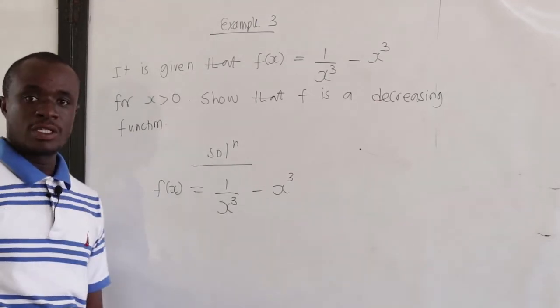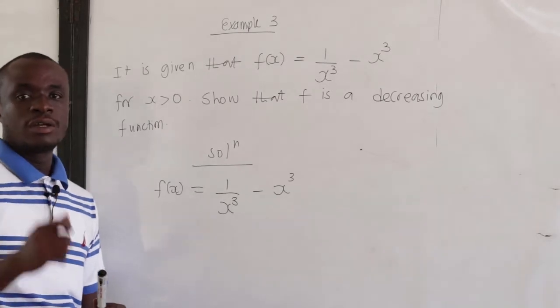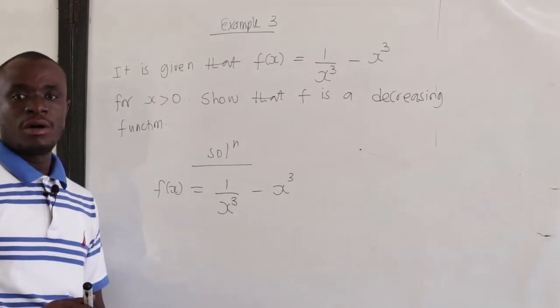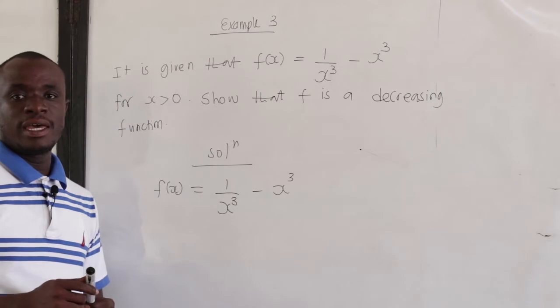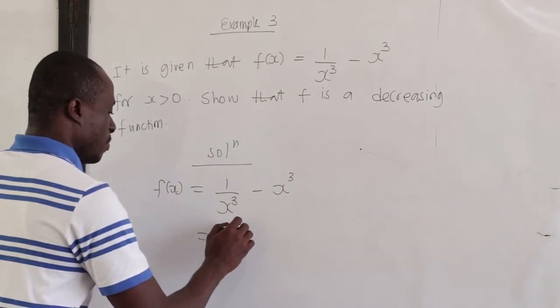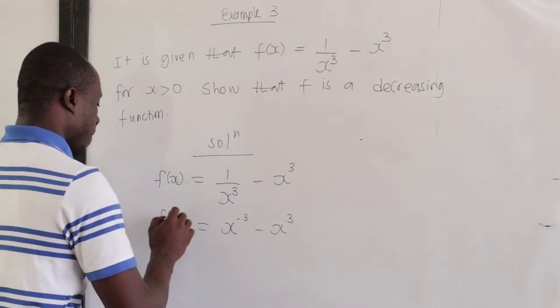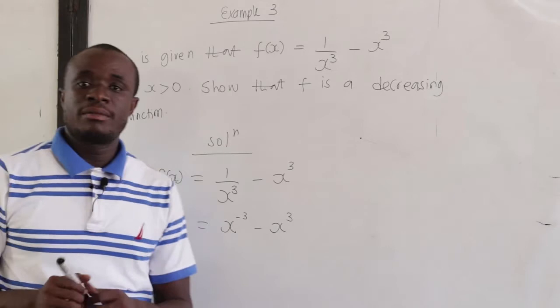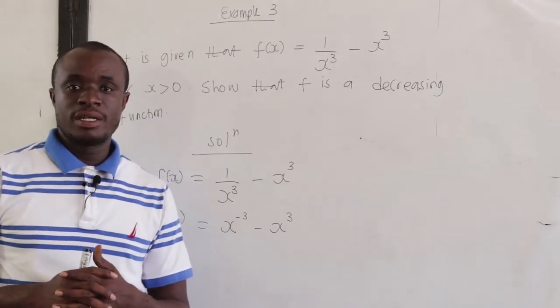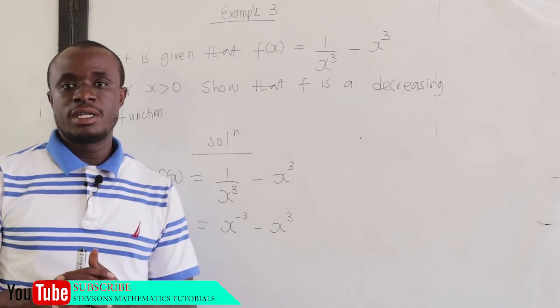From here, indices: we know if we have a to the power negative n, it is equal to 1 over aⁿ. So clearly this will change to x⁻³ - x³. Now for a deeper understanding of indices, make sure you watch my previous videos on indices.